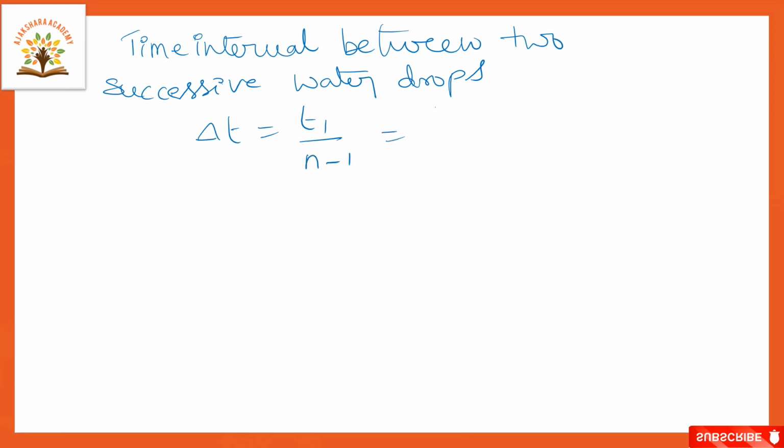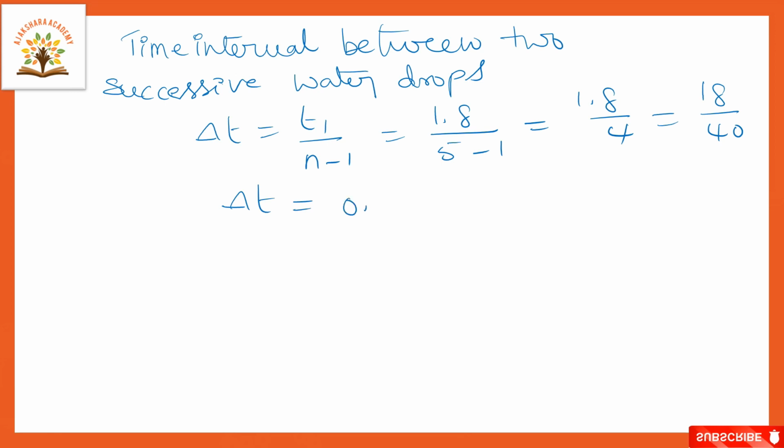T1 we are getting 1.8, here 5 drops, 5 − 1, so 1.8 by 4. So this can be written as 18 by 40. So this is ΔT, we are getting 0.45.